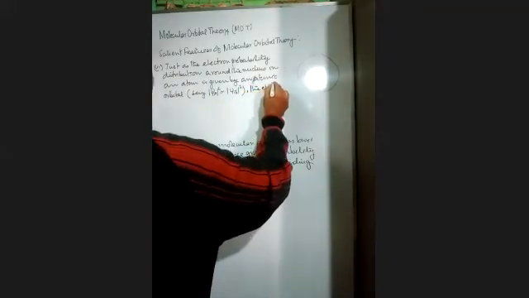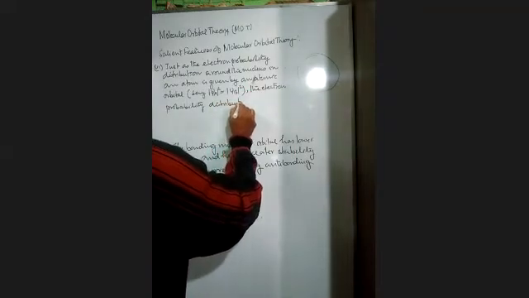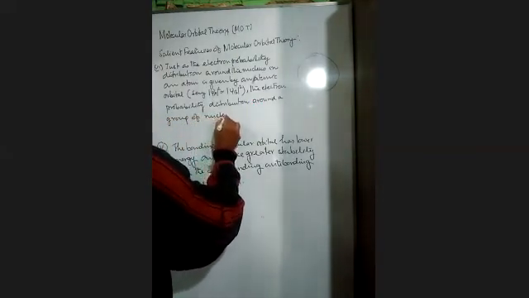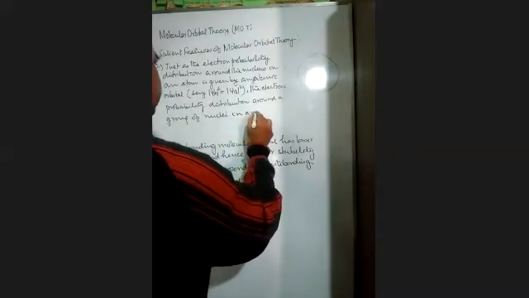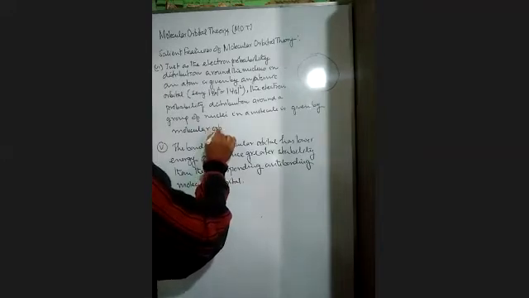The electron probability distribution around a group of nuclei in a molecule is given by molecular orbitals.